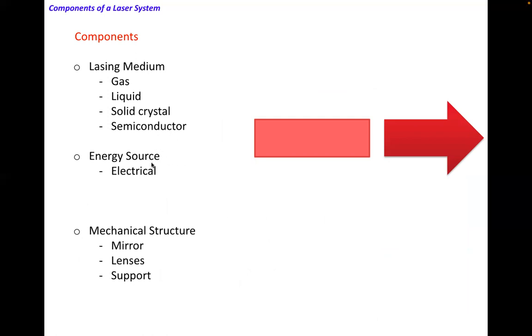You have to have the energy source, which is electrical, electricity, and of course the mechanical structure. You must have your mirrors, this side and that side, and the support, and of course the lens to focus your light source or your laser. The support is usually a table or the housing of the laser device.